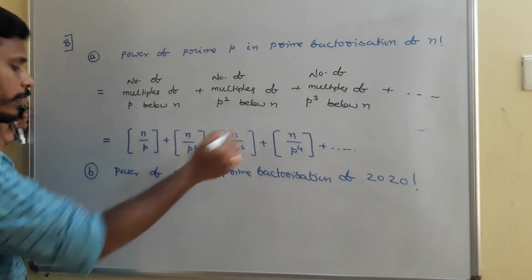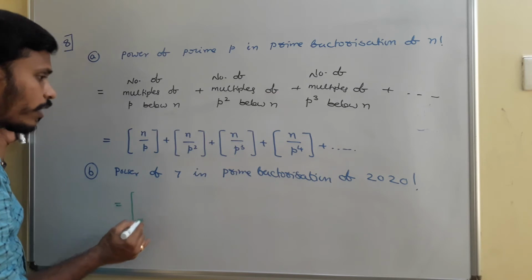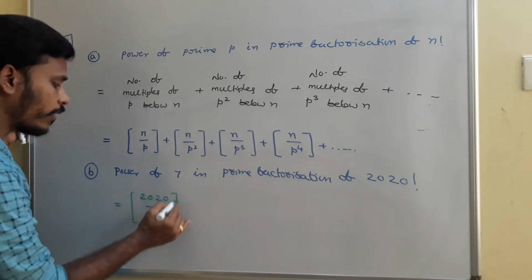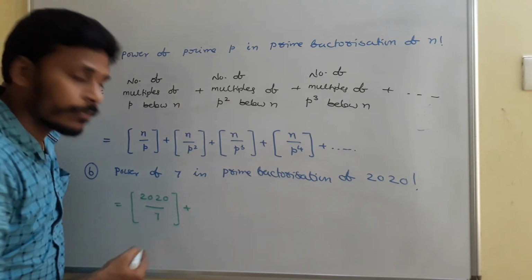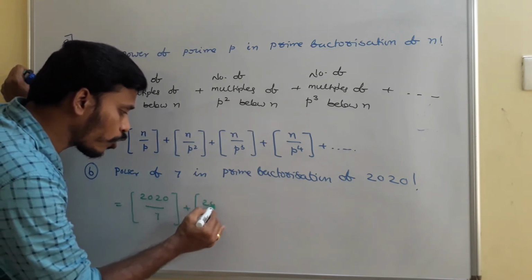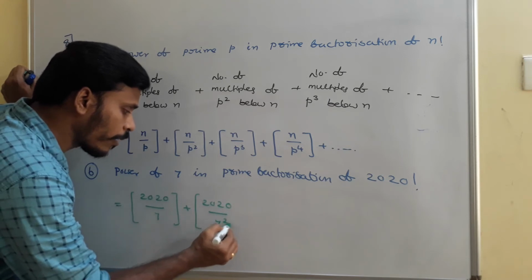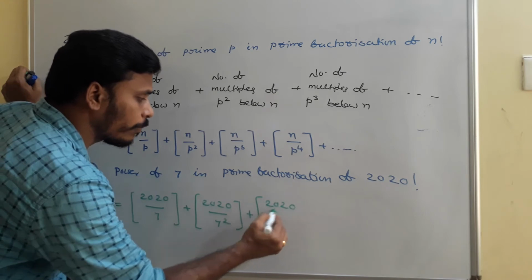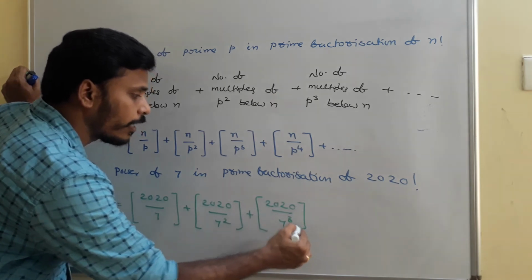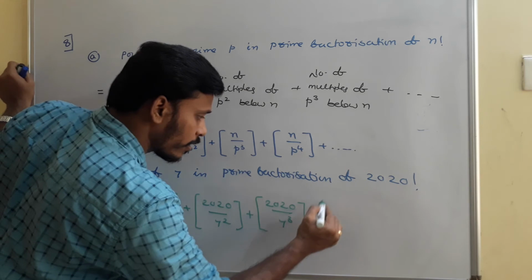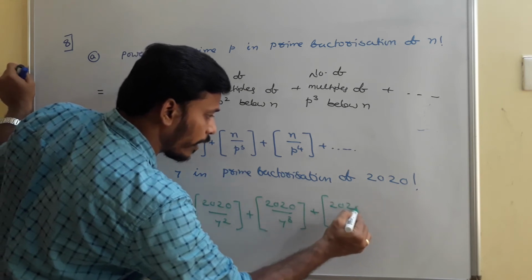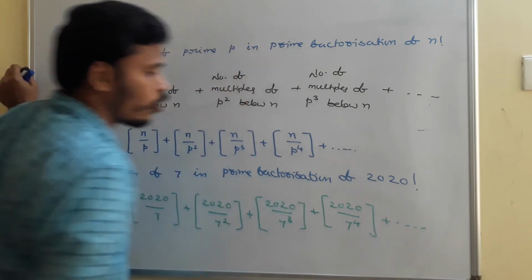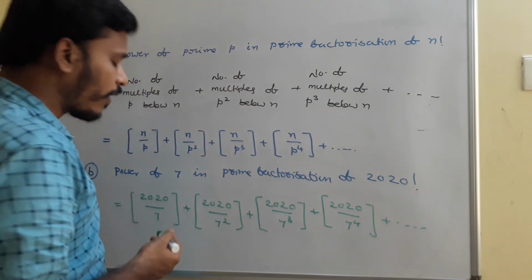As per this logic, the power of 7 in 2020 factorial is floor of 2020 by 7, plus floor of 2020 by 7 square, plus floor of 2020 by 7 cube, plus floor of 2020 by 7 power 4, and so on.